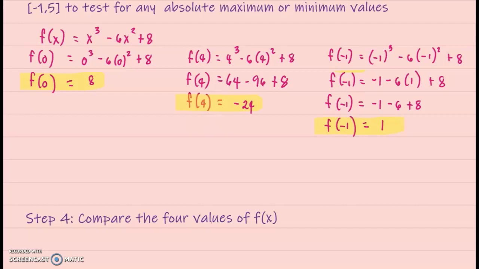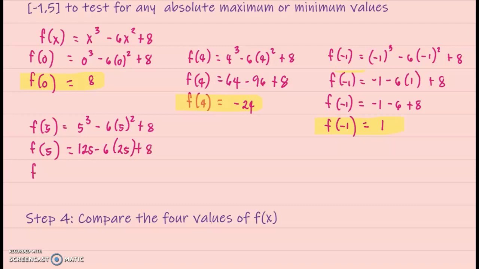And let's have 5. So we have f of 5 is equal to 5 cubed minus 6 times 5 squared plus 8. f of 5 is equal to 125 minus 6 times 25 plus 8. f of 5 is equal to 125 minus 150 plus 8.